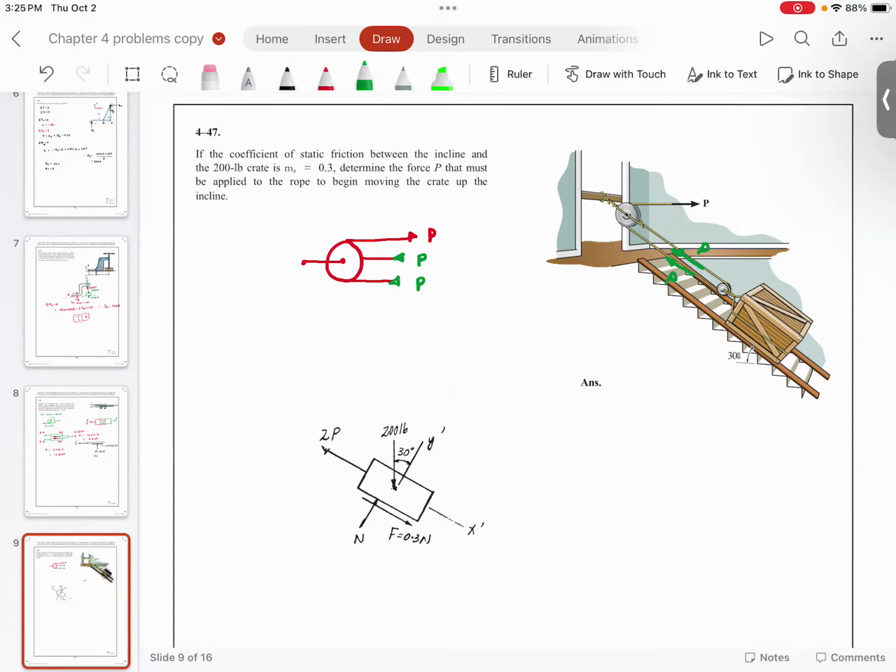So, the work that I'm spending, force times distance, is P times 1. But the mechanical advantage is that I get force amplification but displacement reduction.